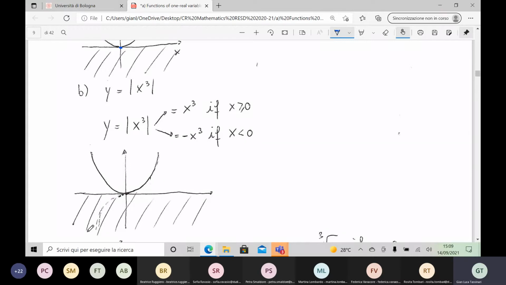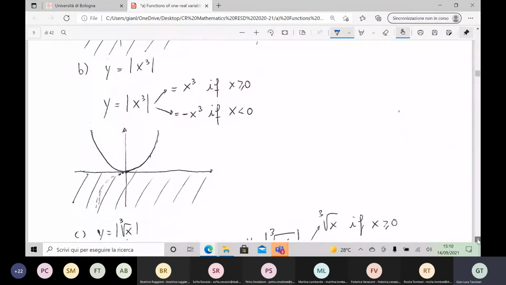So take the symmetric with respect to this branch, and you get this one. What you get is this function. As you can observe, as always, the graph of the absolute value lies always above the horizontal axis, or on it, because you have here this point 0, 0. But you see, everything below has been cancelled.